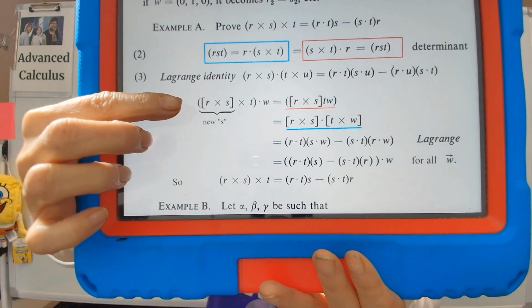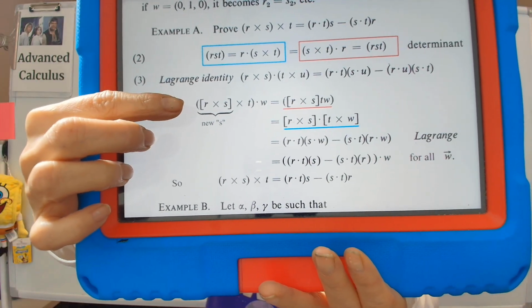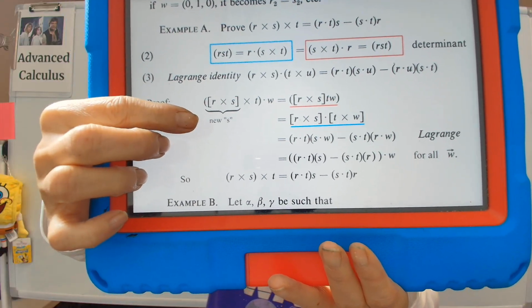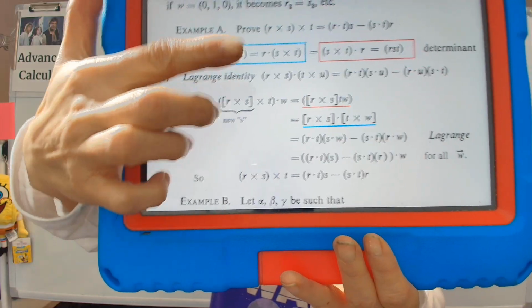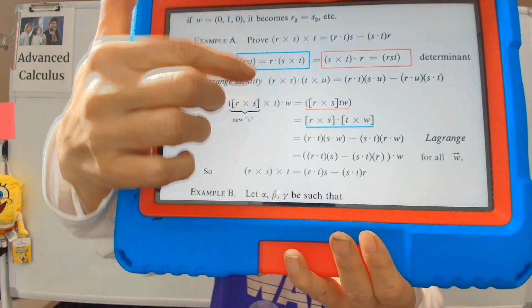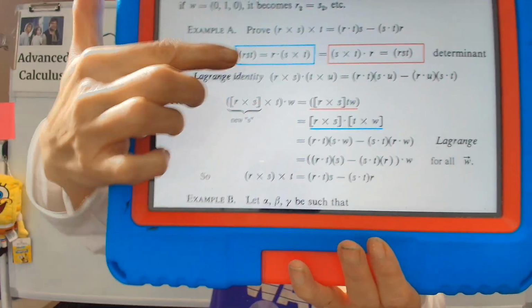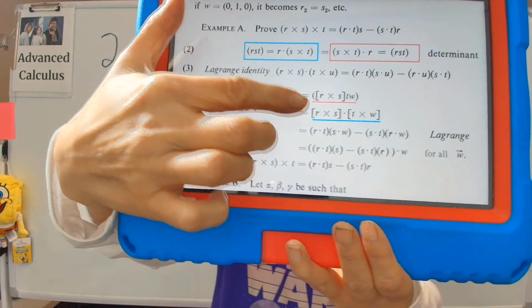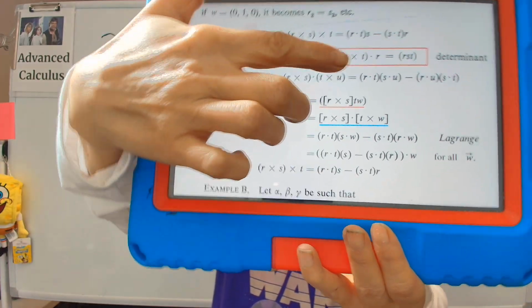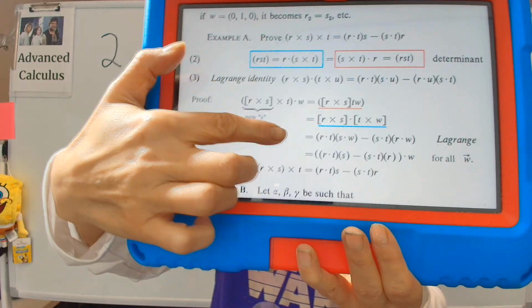So R cross S cross W, we're going to dot it with a random W. R cross S will be the new S in this formula right here, the red one. First, we'll compare the red formula. Following the red formula in the red box, we got this thing. Because this is the new S, we plug it into the determinant.